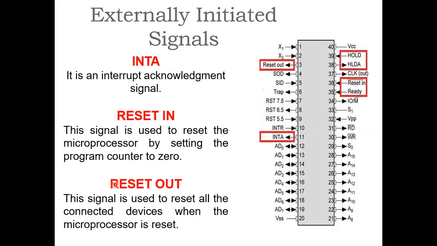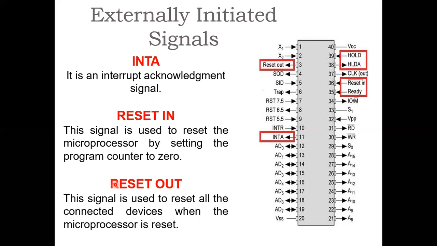Then externally initiated signals. What do externally initiated signals mean? They are used with the input output devices. INTA is the interrupt acknowledgement signal which goes to the external device. Then RESET IN: this signal is used to reset the microprocessor by setting the program counter to 0.